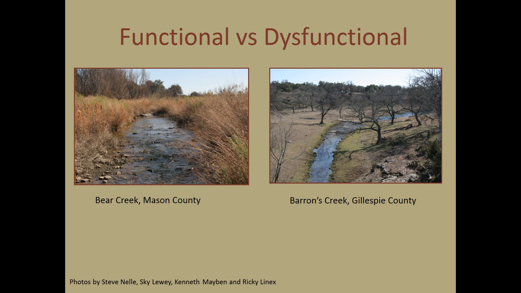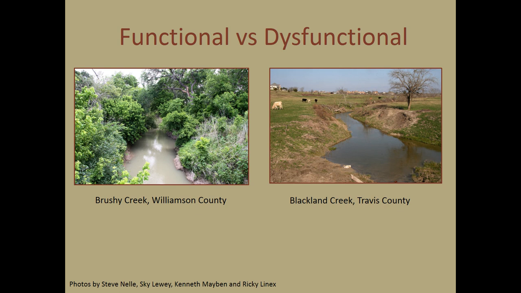Let's take a look at what riparian function looks like on the landscape. Compare these two creeks. You can easily see function versus dysfunction. Here are two other examples where you can see a functional creek and then immediately to the right, a dysfunctional creek.